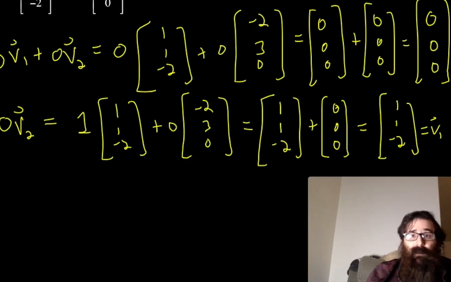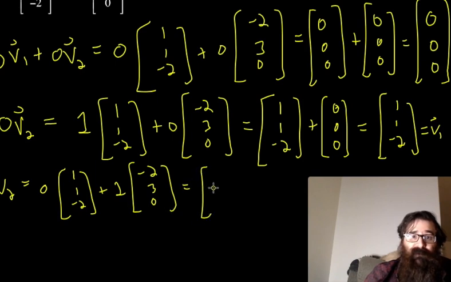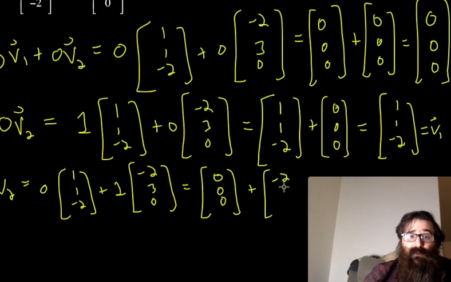In a similar way, I can use the span to produce vector v2. I could say 0 times vector v1 plus 1 times vector v2 is going to be 0 times the vector 1, 1, minus 2 plus 1 times the vector negative 2, 3, 0. And that's going to give me the 0 vector plus I get my vector v2, negative 2, 3, 0.